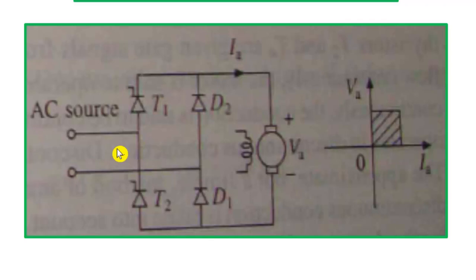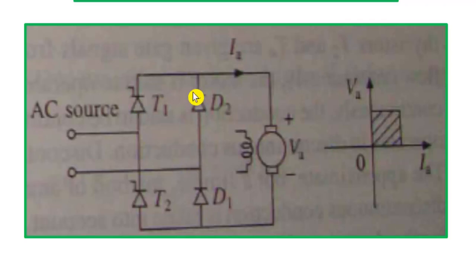Now in the negative half cycle, we will control the firing angle of this thyristor. So negative half cycle means here it will be negative, here it is positive. So when here it is positive, that means it is favorable condition for this diode D2. So thyristor 1 and this D1, that means this thyristor and this diode will be off.